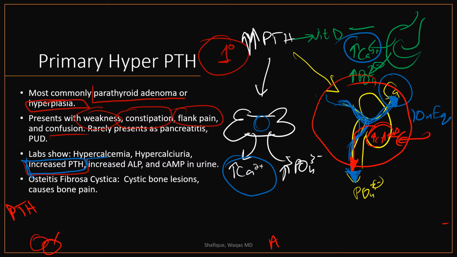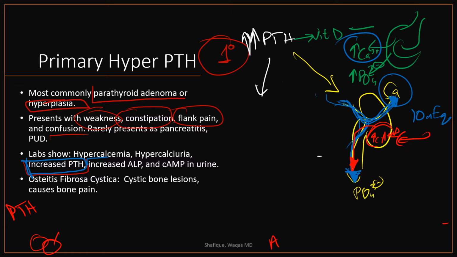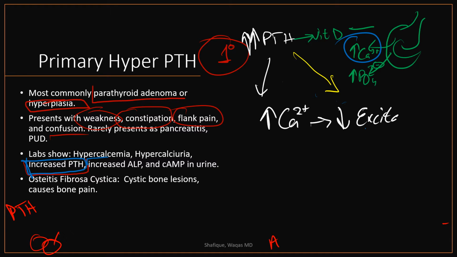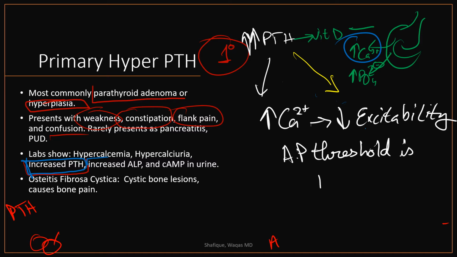So what about the symptoms? How come these people have constipation, flank pain, weakness, and so on? Well, increased calcium causes decreased excitability of your cells, especially your neurons and your muscles, because increased calcium makes it so the action potential threshold is increased.